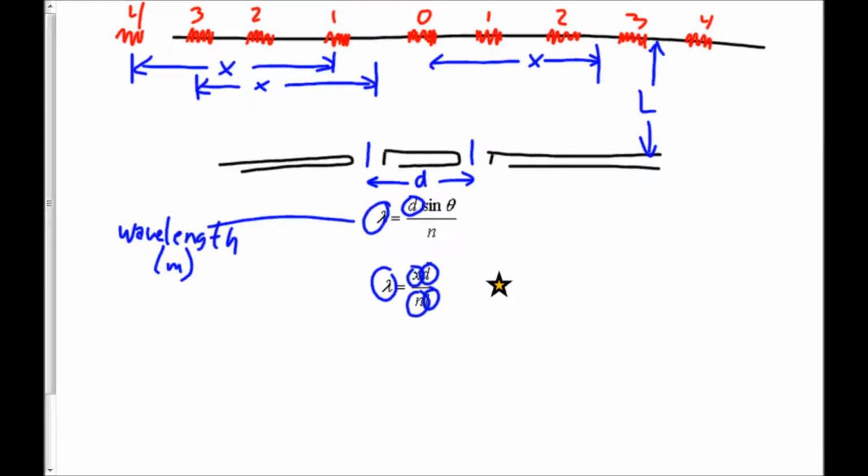N is the difference between the maxima or minimum number. So for this one, we would say that N is equal to 3, because 4 minus 1 is equal to 3. For this one, we would say that N is equal to 2.5, because 3 minus 0.5 is 2.5. For this one, we'd say that N is equal to what?